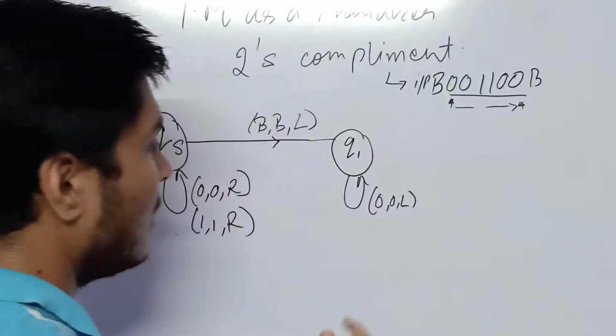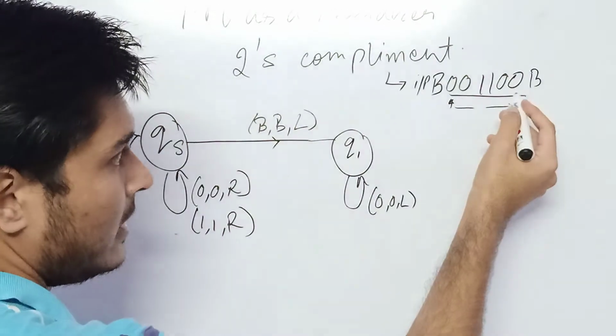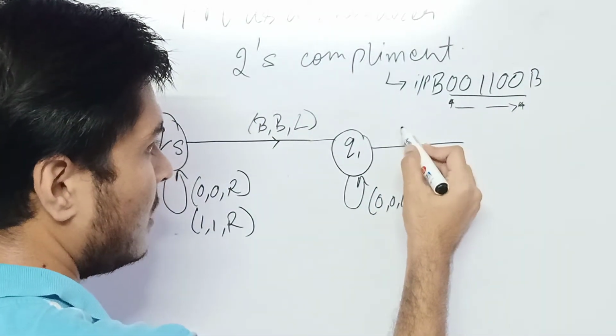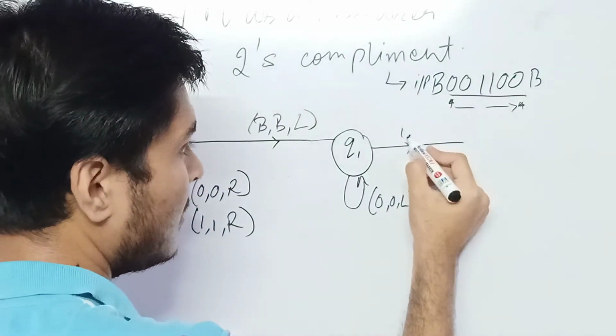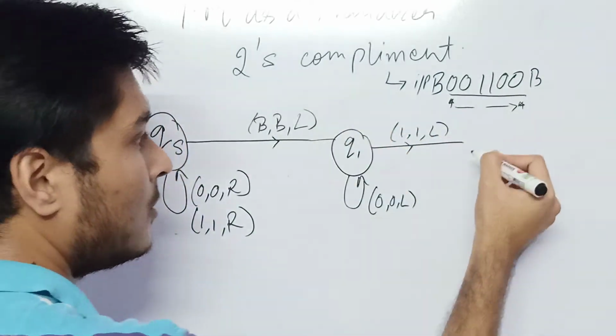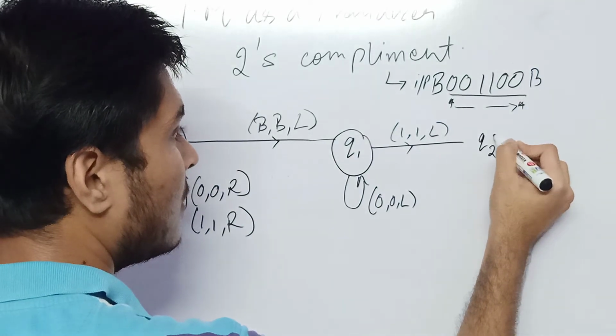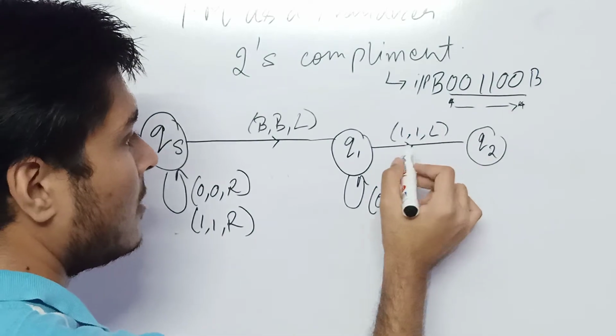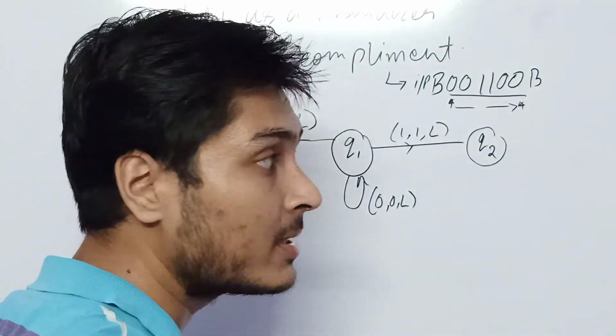I'm keeping all the zeros as they are. Now, as soon as my first 1 is encountered, I keep it as 1 and move left to Q2, because I have to remember this step: the first 1 I see, I know that I have seen a 1 and I'm going to the next state.